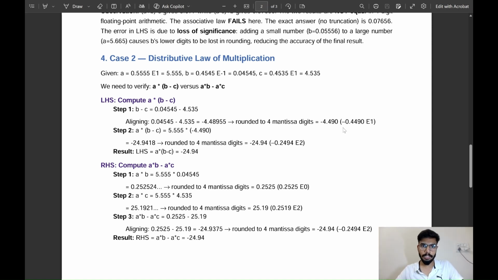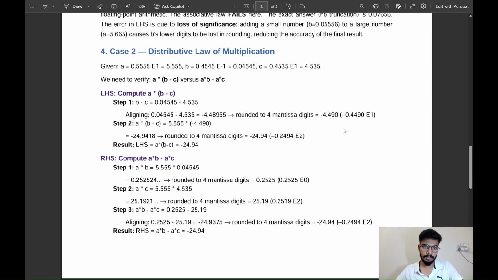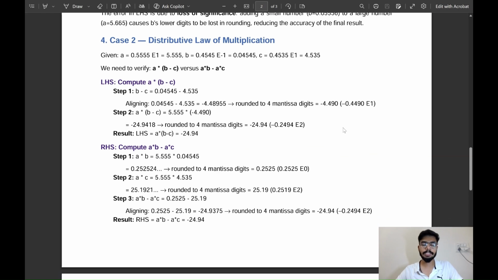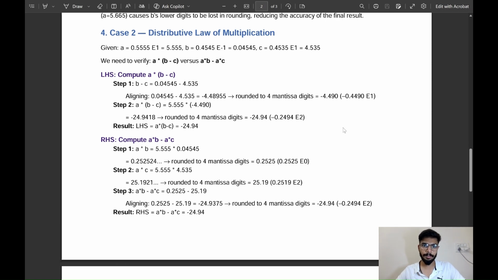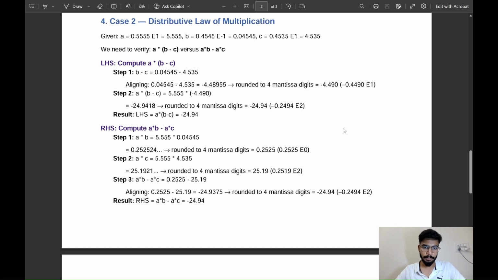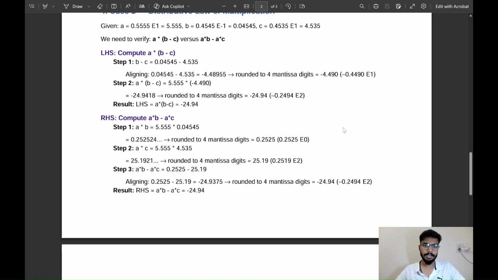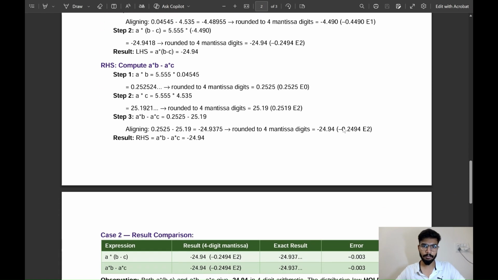First we compute b minus c, and then we multiply by a, so our final LHS part will be minus 24.94. For our RHS part, a into b minus a into c, our final result will be minus 24.94.